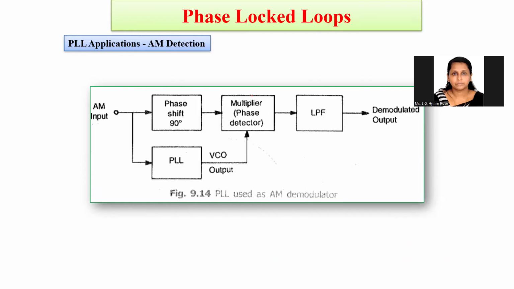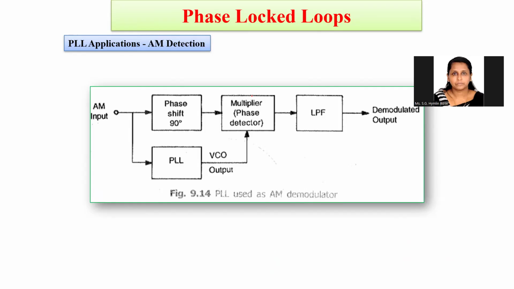Whatever the carrier frequency of the incoming signal is, that value should be locked. That is the lock-in frequency. The output of the VCO, which has the same frequency as the carrier but is unmodulated, is fed to the multiplier. So the phases are compensated, and the output of the multiplier is in the same phase.